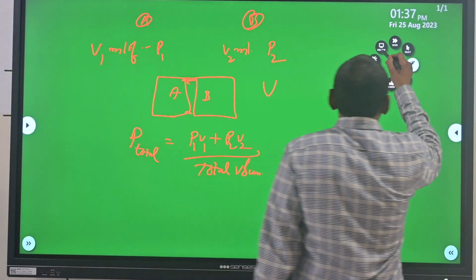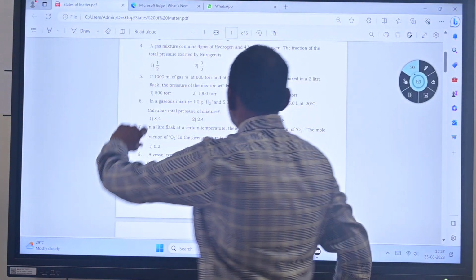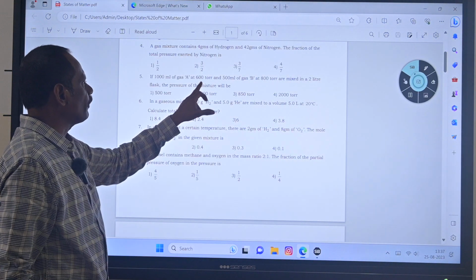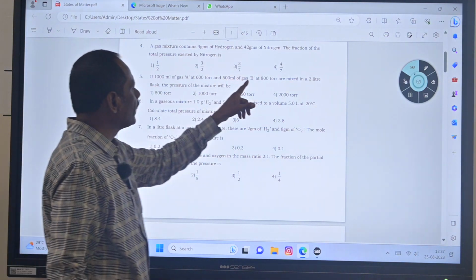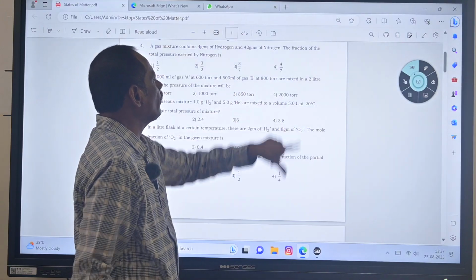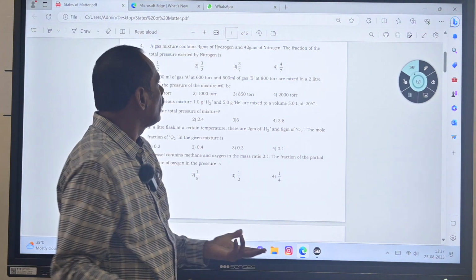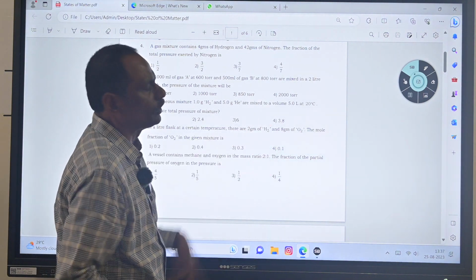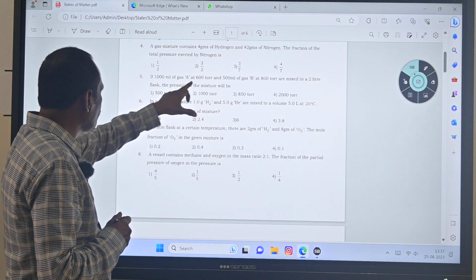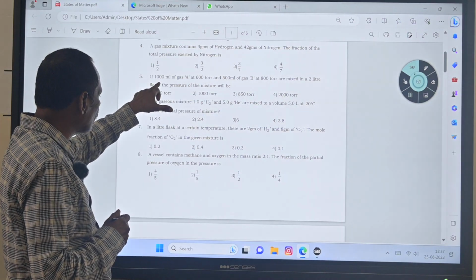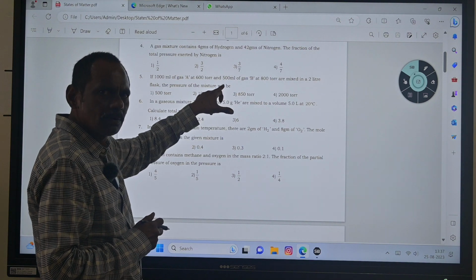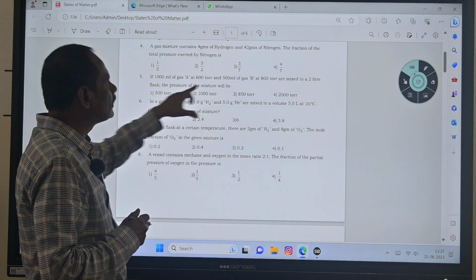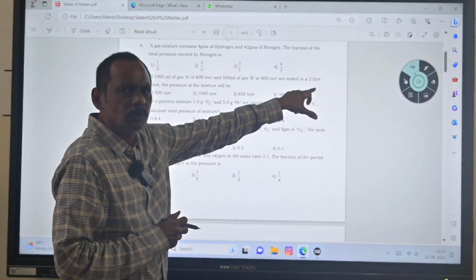In our previous question, 1000 milliliters of gas A at 600 torrs and 500 milliliters of gas B at 800 torrs are mixed in a 2 liters vessel. So P1V1 plus P2V2 by the total volume, that they are mixed in 2 liters volume.